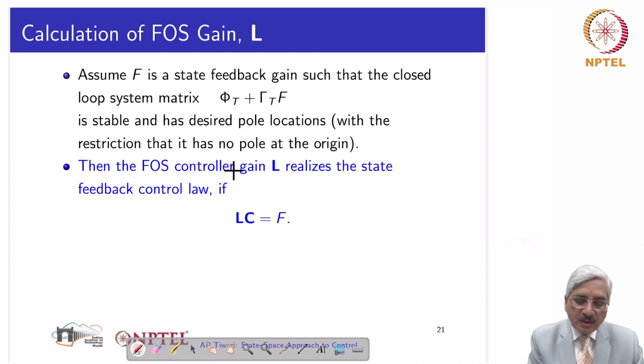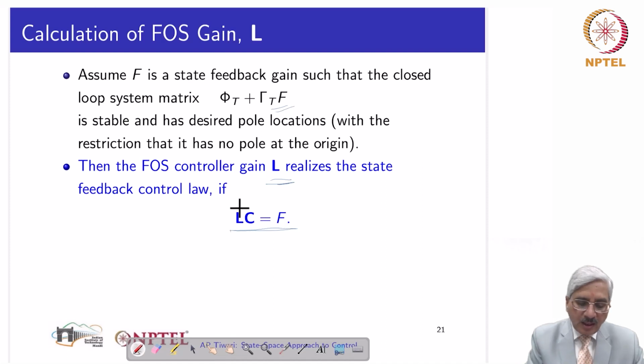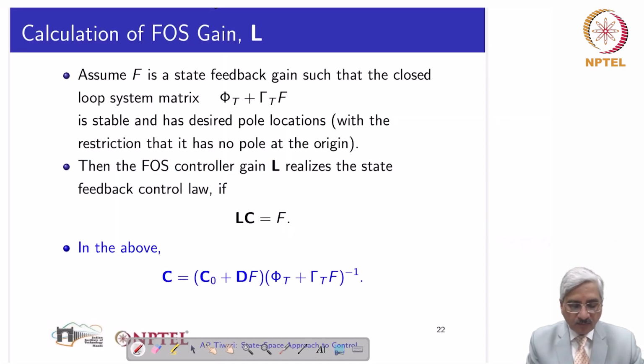The fast output sampling controller gain L, which realizes this F, is given by this relationship. Boldface L times boldface C, this product should be equal to F. And if an L is obtained, then F will be realized. C is known. Boldface C is boldface C0 plus boldface D into F, this whole matrix, multiplying the closed loop system matrix inverse.